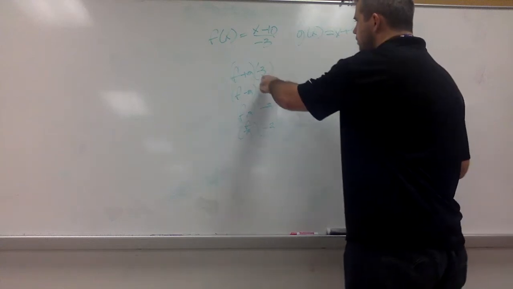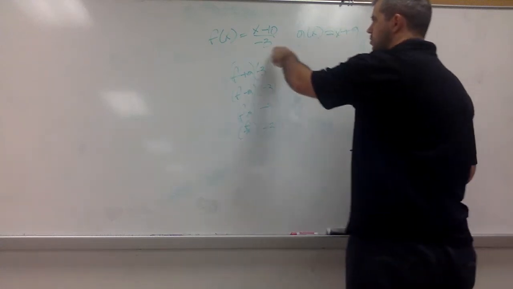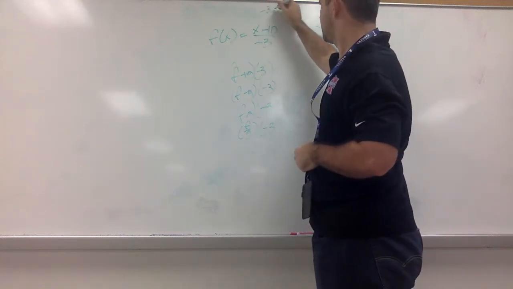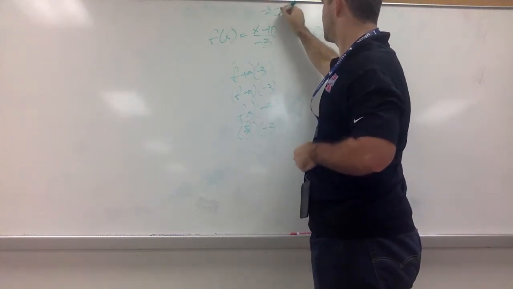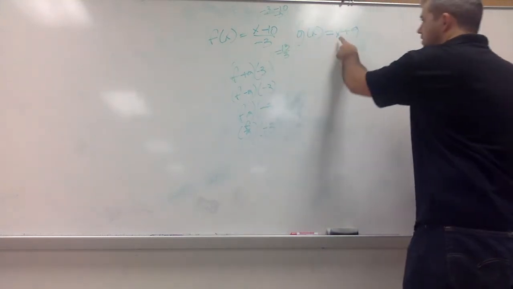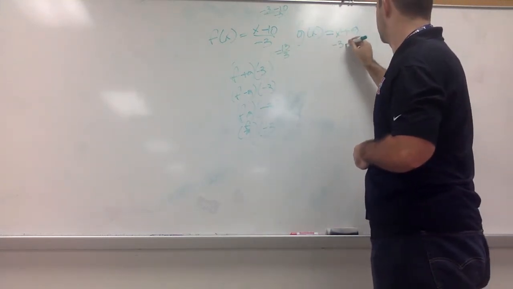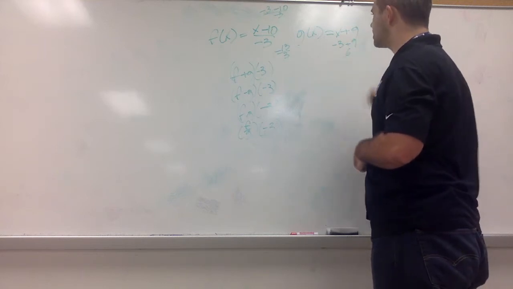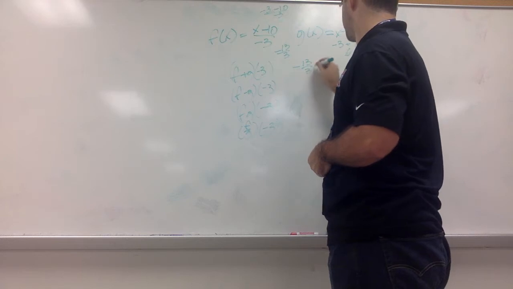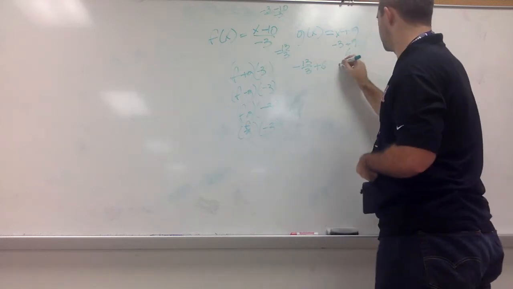So if I plug in -3 to my f function, I get -3 minus 10 over -3, so -13 over 3. If I plug in -3 here, I get 6. So it's -13 over 3 plus 6.